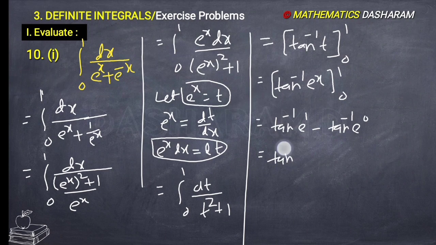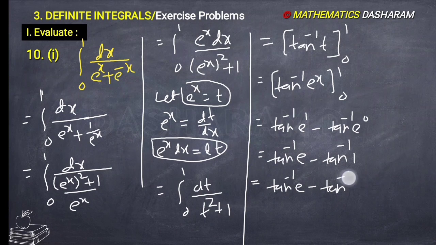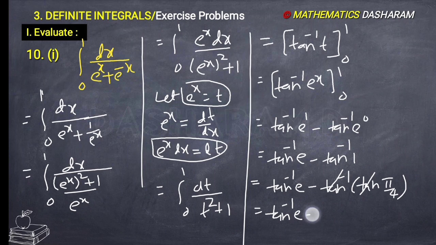So tan inverse e power 1 is e, minus tan inverse e power 0 is 1. So then tan inverse e minus tan inverse 1, we can write as tan pi by 4. Then tan inverse tan cancel. So tan inverse e minus pi by 4 is our required answer.